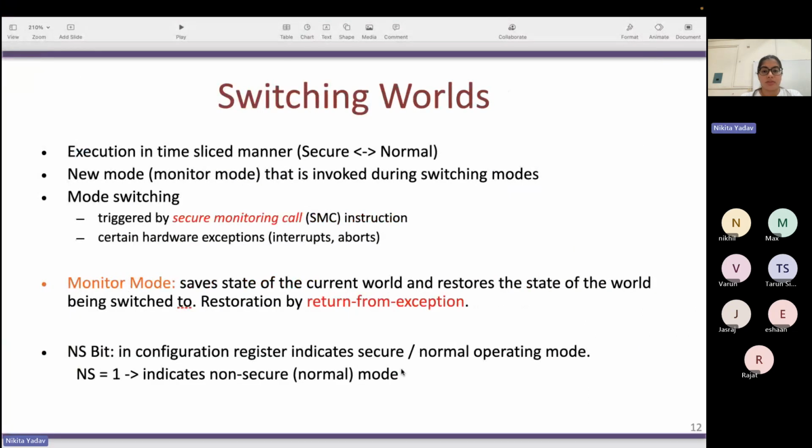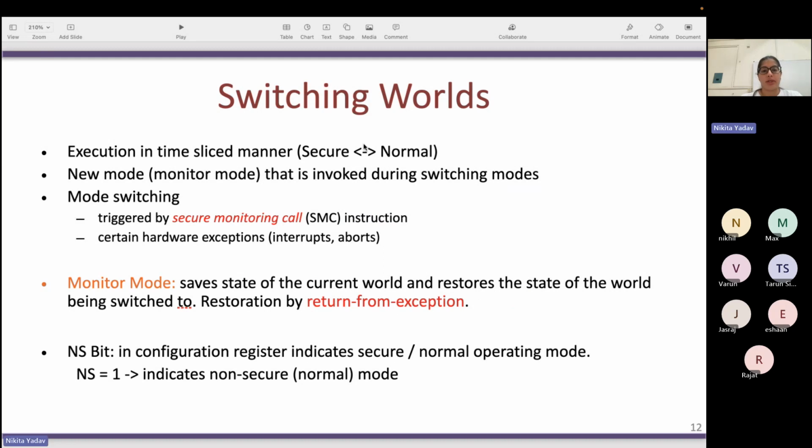So the answer is here. Is there anything on this slide that you can use? You want to switch from the normal world to the secure world. So for that, what will you do?